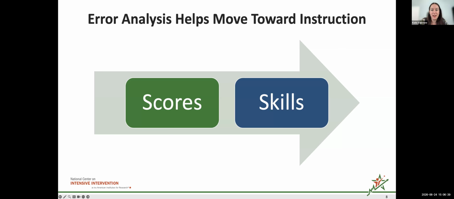This is a really great writer. This is a really struggling writer. And so the purpose of this error analysis is really to use a framework to move from just looking at scores and numbers to specific skills that connect to evidence-based instruction.